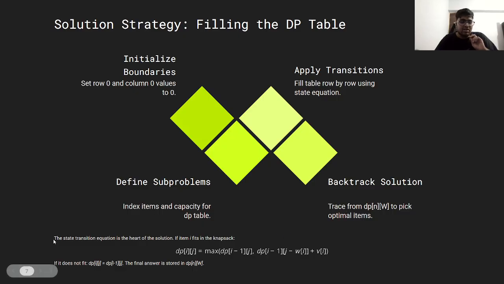The state transition equation is the heart of the solution. If item i fits the knapsack, we pick the maximum value it can offer. If it does not, we do not take the item. The result is stored in a matrix, where n is the number of elements, and weight.